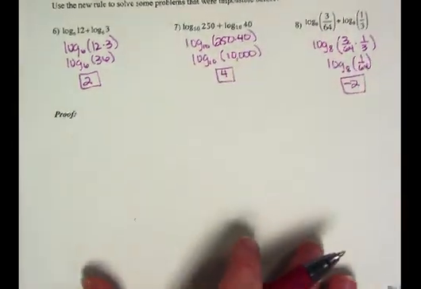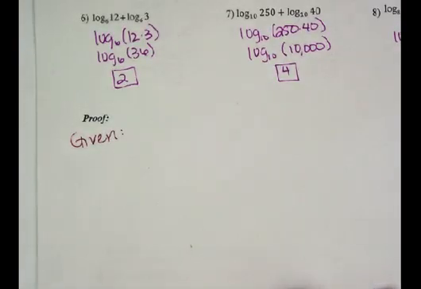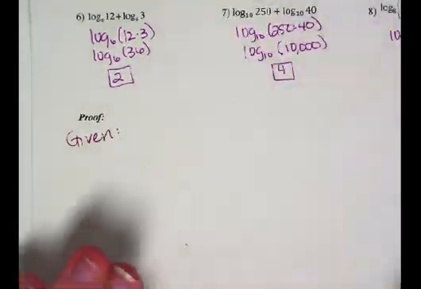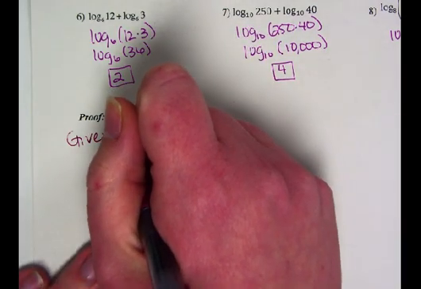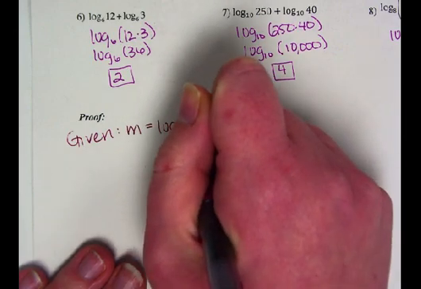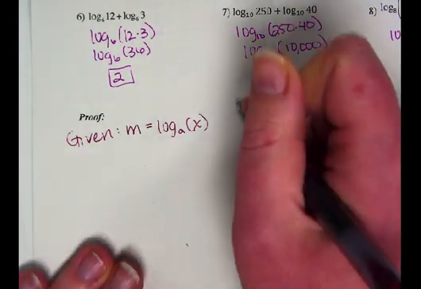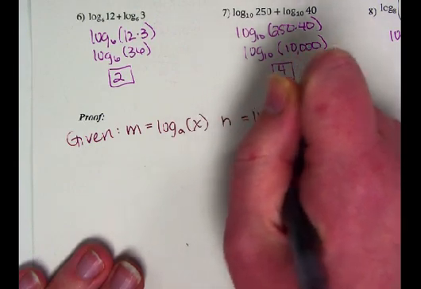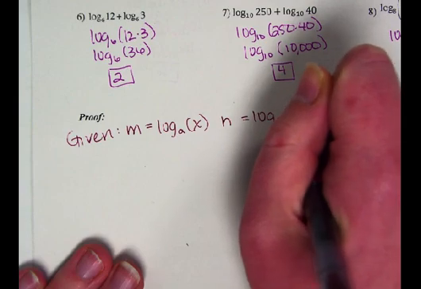So what we need to say in our proof is our given, and then what we're going to try and say. Okay, so our given, we just need to be given two different logs, and I'm going to label them with some different variables. So m will equal log base a of x, so that's our first log, and n will equal log base a of y.